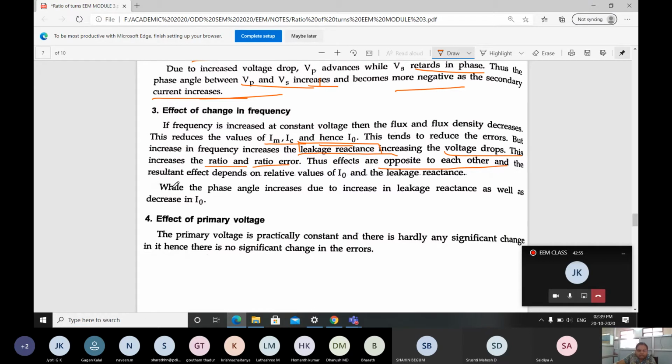The resultant effect depends on the relative values of I0 and the leakage reactance. This is very important.